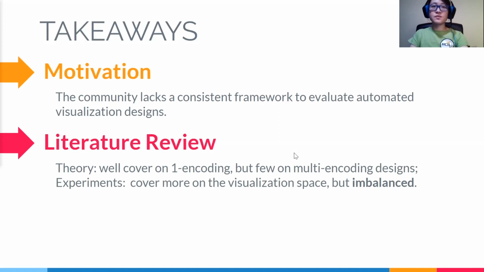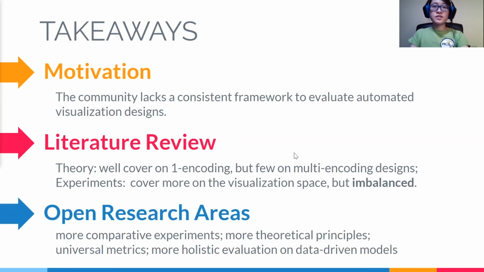Although experiment papers cover more visualization designs, only position, length, and color encoding are emphasized, while other encodings still remain untested. So we suggest more comparative experiments, theoretical principles, universal metrics, and holistic evaluation of data-driven models to contribute to our community toward a complete framework to evaluate automated visualization designs.